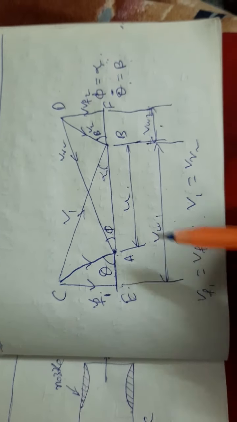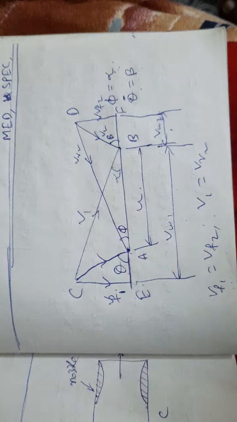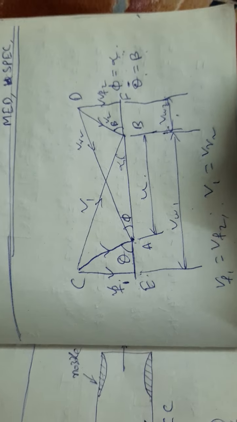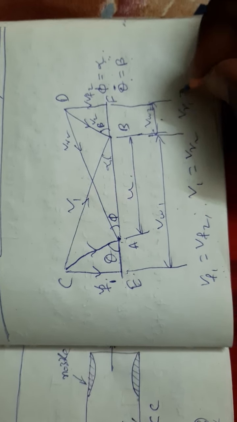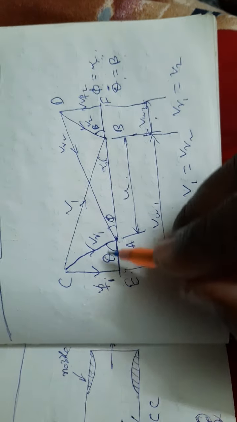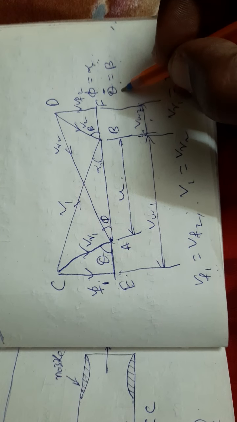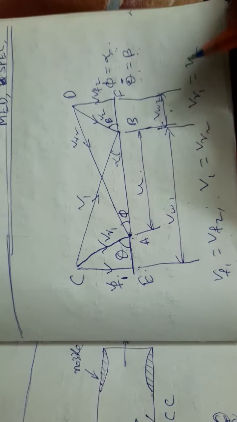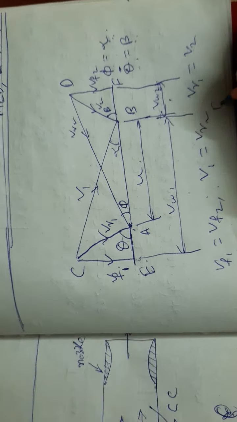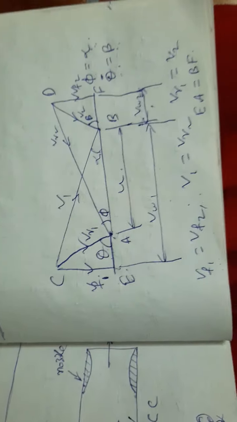But in the Parsons reaction turbine, the absolute velocity at inlet is equal to the relative velocity at outlet. Why? Because here phi equals alpha. And similarly, VR1 is equal to V2. Here the relative velocity at inlet is equal to the absolute velocity at outlet, because theta equals beta, and the EA distance is equal to BF due to symmetry about the center line.